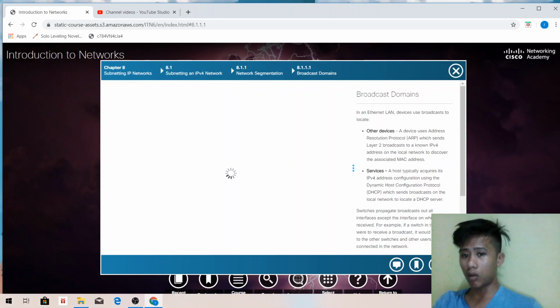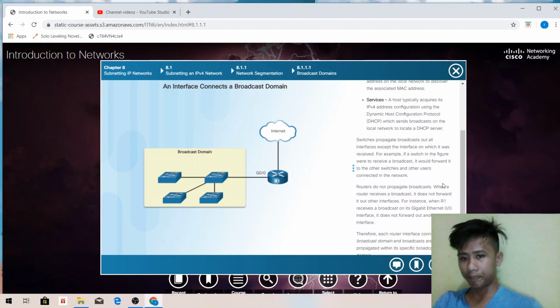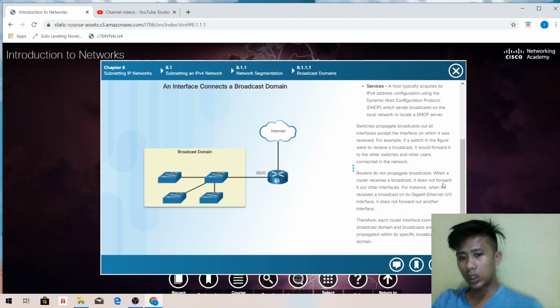Broadcast domains: Ethernet LAN devices use broadcast to locate other devices and services. Switches propagate broadcasts out of every interface except the interface on which it was received.